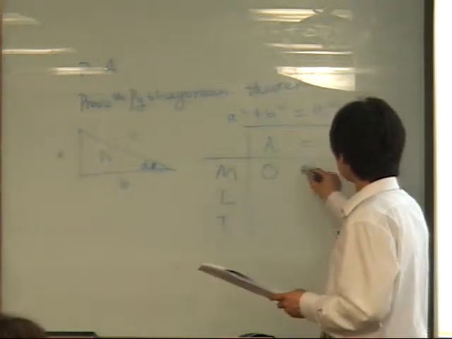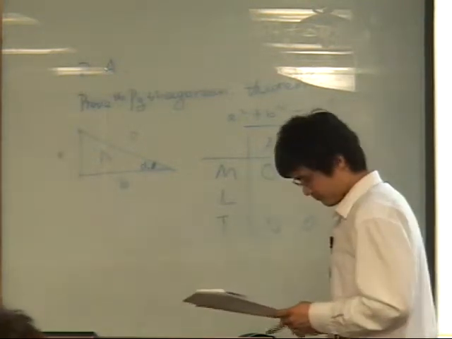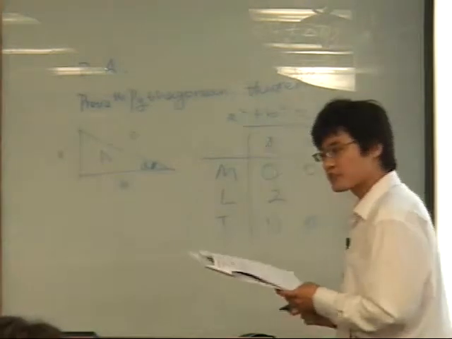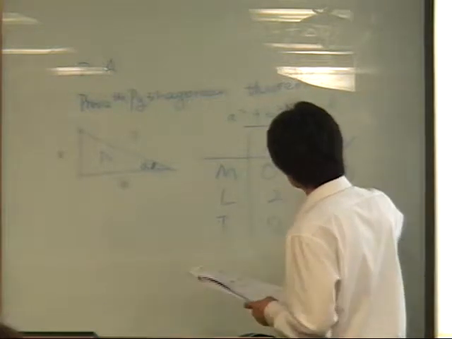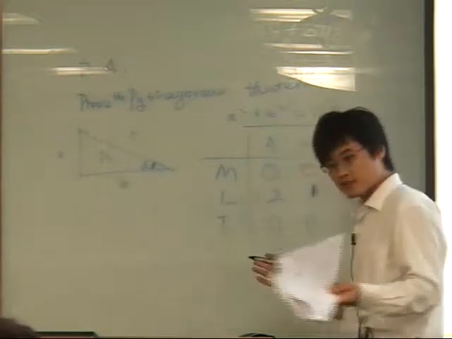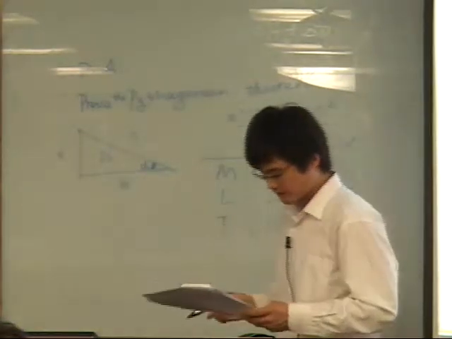There's no mass involved, no time involved. This is good. Area is length squared, and this is length. And this angle is essentially radian. Radian is nothing, length over length is nothing.